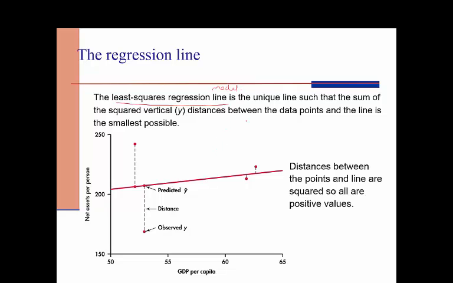When you see in the text or anywhere they talk about a regression model or a model in general, they're talking about the equation of the line. The equation of the line that we started this discussion with.